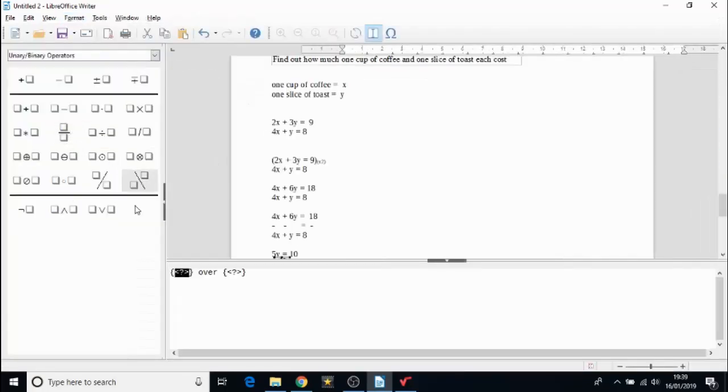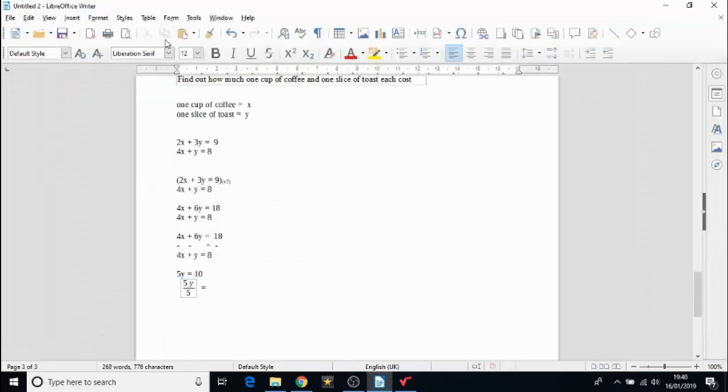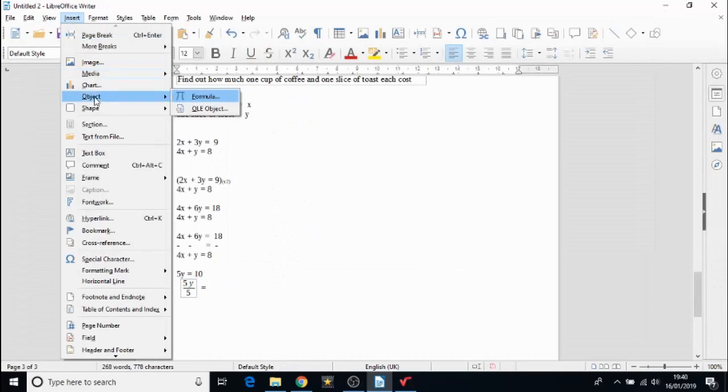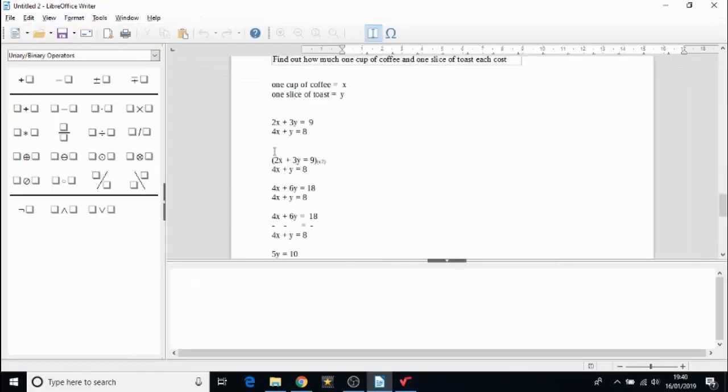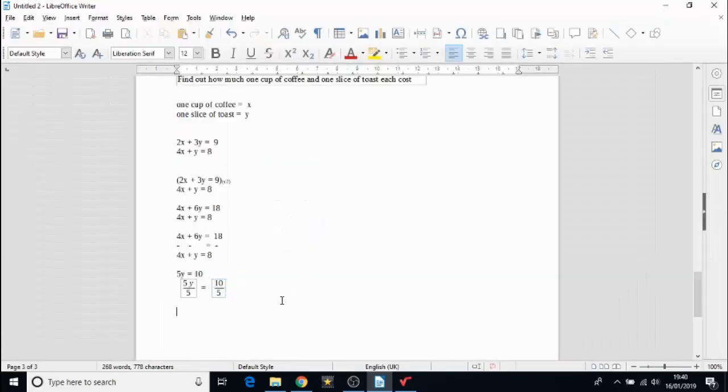So the same way we do 5y divided by 5, the same way we do 10 divided by 5. And now you've got y is equal to 2.